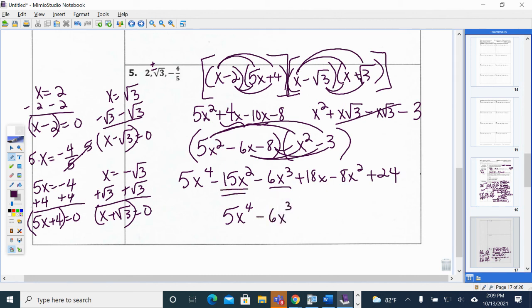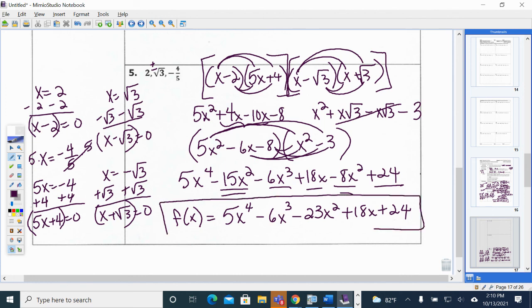Then the x squares, negative 15x squared minus 8x squared is going to give me a negative 23x squared. Then our x and our constant. Put an f of x in the front. f of x equals 5x to the 4th minus 6x cubed minus 23x squared plus 18x plus 24.